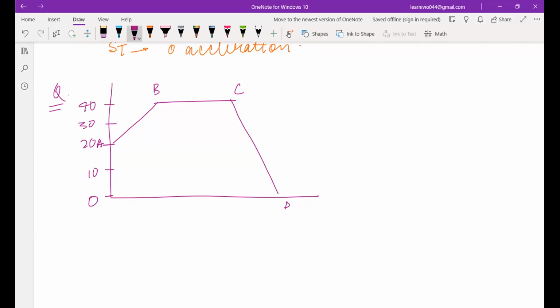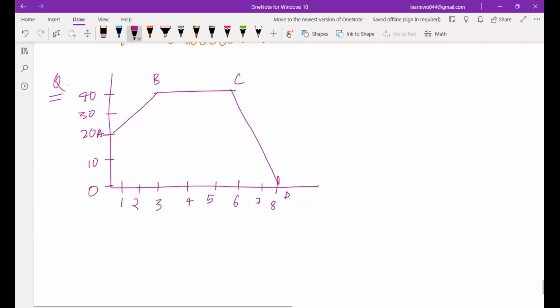This is 8, 7, 6, 5, 4, 3, 2, 1. Okay, so it is given to you, the velocity time graph of the body. Find the velocity of the body at point C.